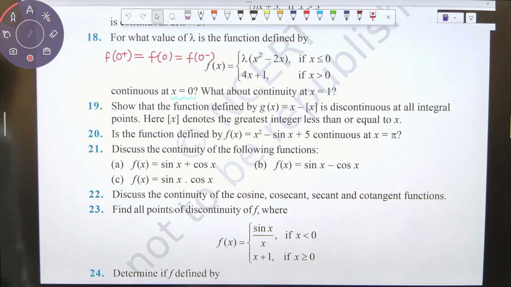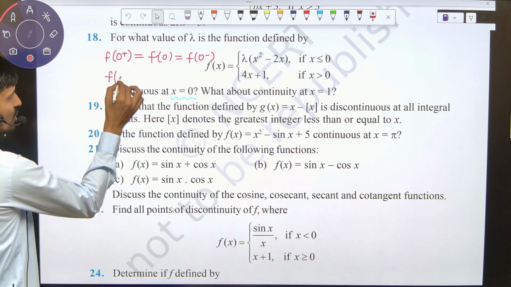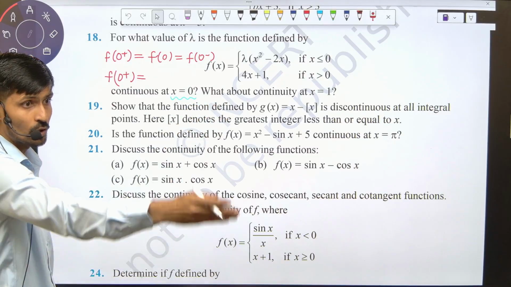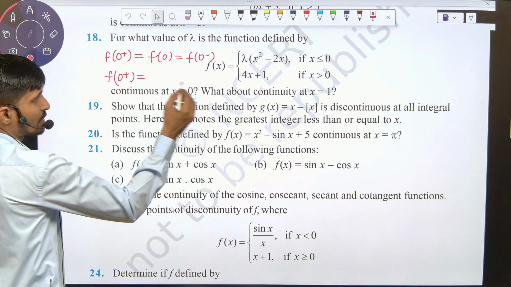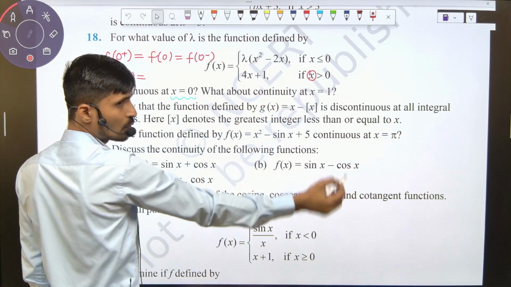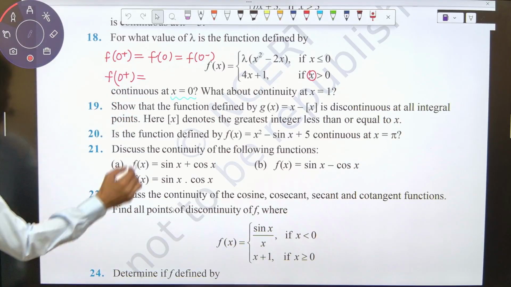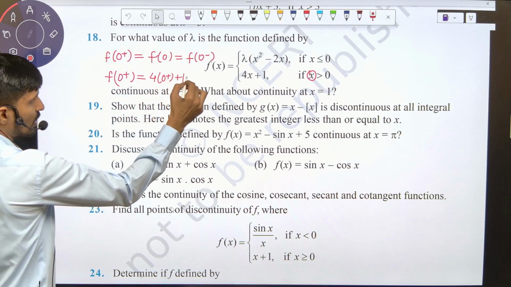Now tell me, where will I find f of 0 plus? First function or second function? Second, na? Put here 0 plus greater than 0: true or false? True. So we'll write here 4 times 0 plus 1, and that will become 1.